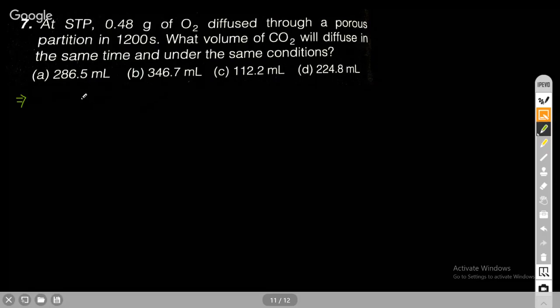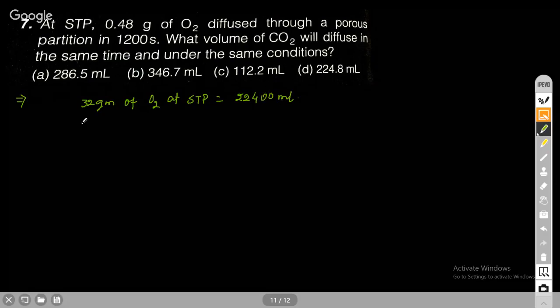Since STP, we know 32 gram of oxygen at STP is equal to 22,400 ml. Since options are given in ml, I have taken ml.